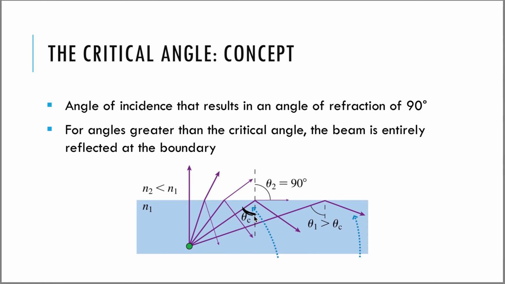When light is incident at this angle, which we're going to call the critical angle, the angle of refraction is 90. That is not quite total internal reflection, but the criterion is that if the angle of incidence is greater than this critical angle, such as in this case right here, that's when you have total internal reflection.